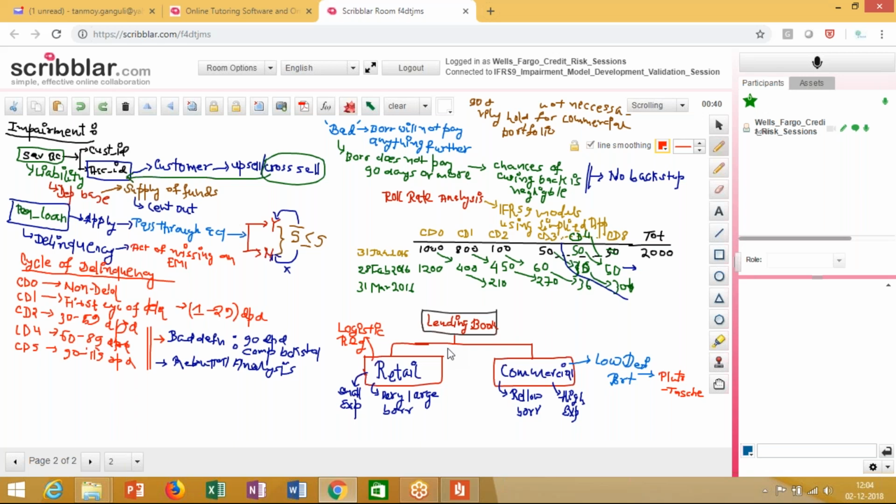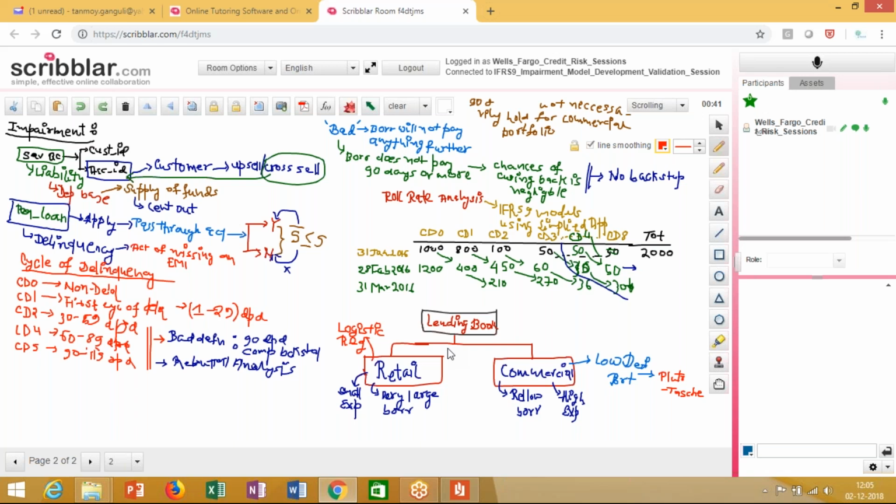However, some forms of lending are very similar between commercial and retail portfolios. We will explore each of them and assess the characteristics of these products from an accounting perspective and from the cash flows these assets would generate. This is precisely what we are going to do in this session.